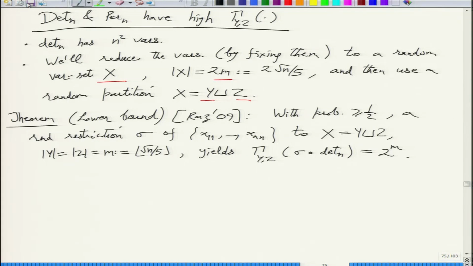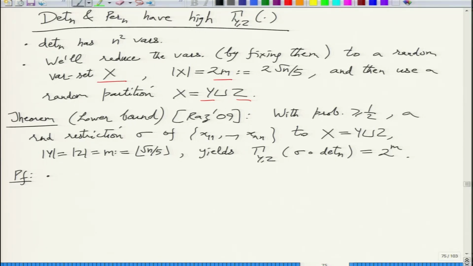It doesn't seem optimal, but still it is an exponential lower bound to compute the n cross n determinant. Okay, is the statement clear? And the connection between the lower bound and the upper bound theorems.